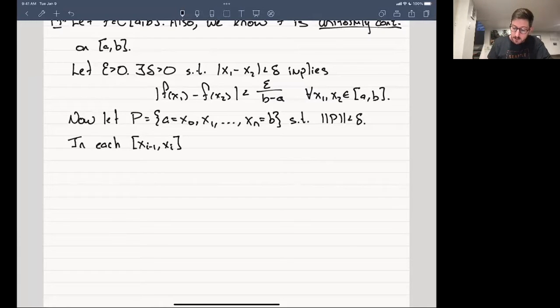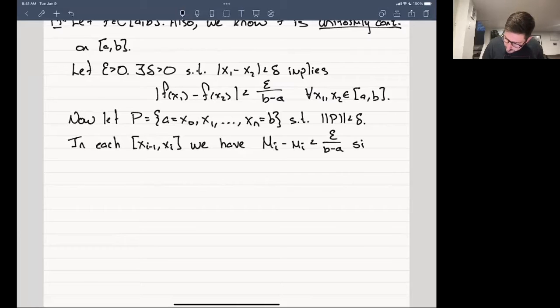Well, that tells us that their images are less than epsilon over b minus a. And in particular, we have that the supremum, the maximal value on there, minus the infimum, the minimal value on there, is less than epsilon over b minus a. That is just using the uniform continuity argument.